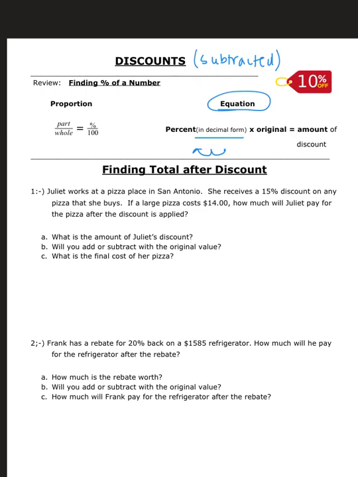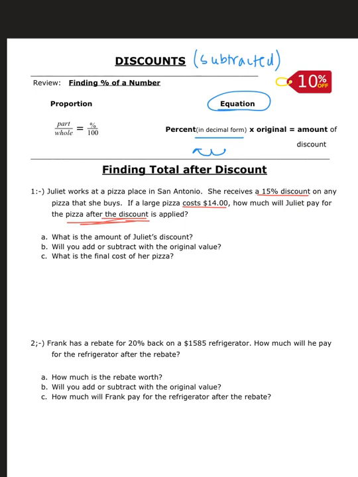Getting into our problems. Number 1, Juliet works at a pizza place in San Antonio. She receives a 15% discount on any pizza that she buys. If a large pizza costs $14, how much will Juliet pay for the pizza after the discount? So we want to actually apply the discount to see how much she will end up paying. Well, what is the amount of Juliet's discount?